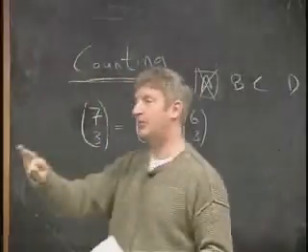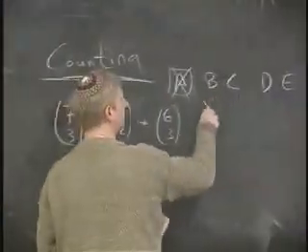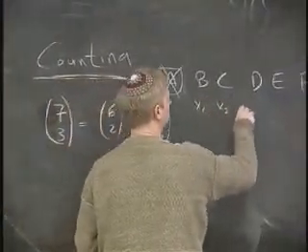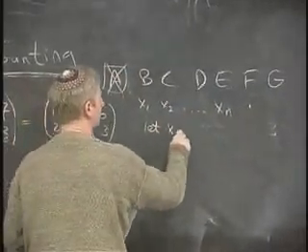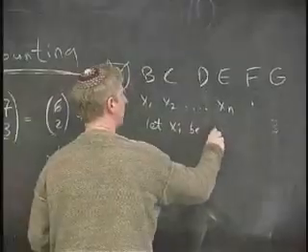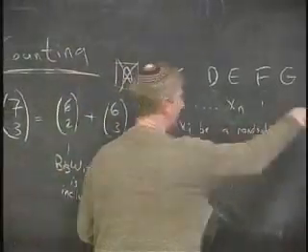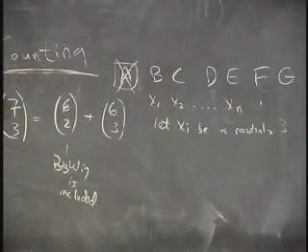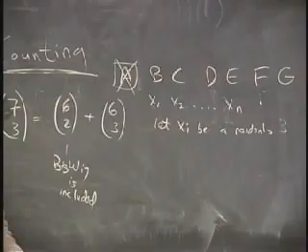No, I'm not being facetious, but I'll write it out the other way, and you tell me if it's more clear. Here are my elements, x1, x2, through xn. Let xi be a randomly chosen element, where i is between 1 and n inclusive.